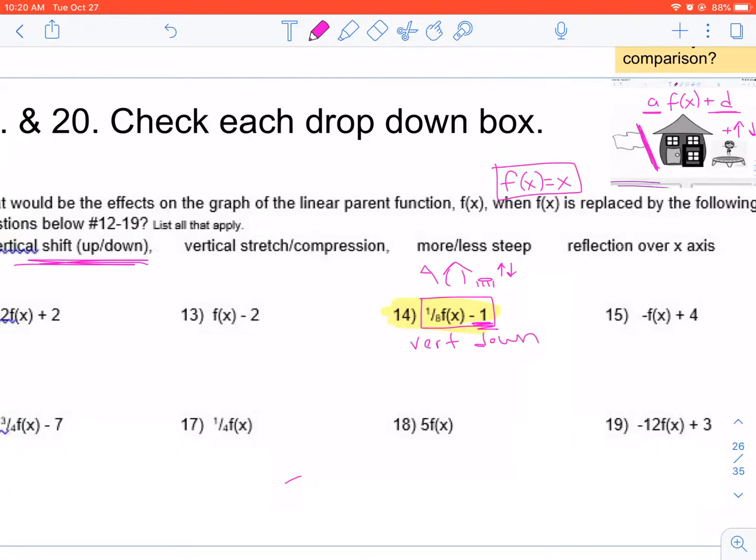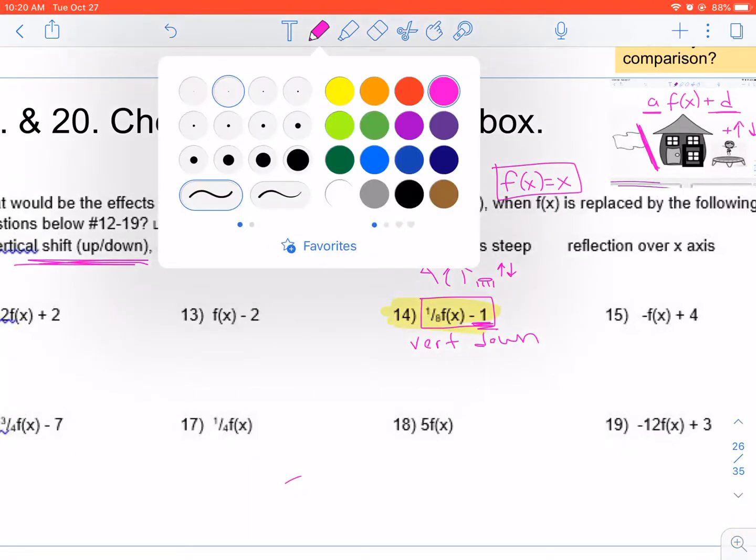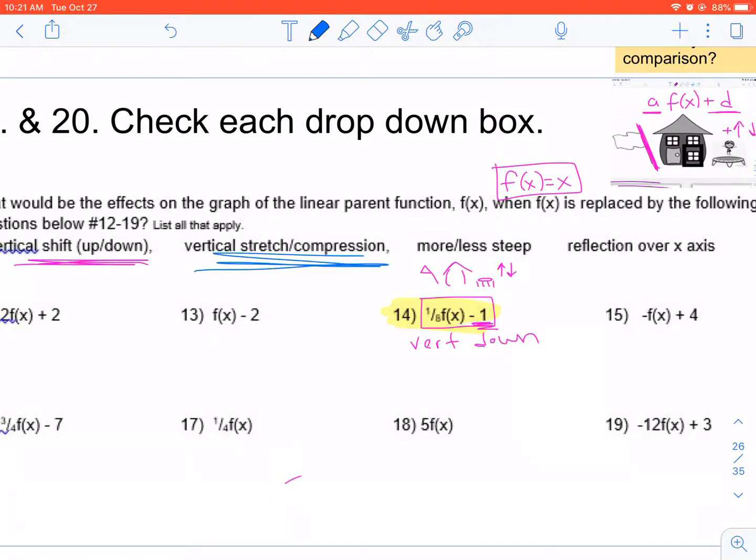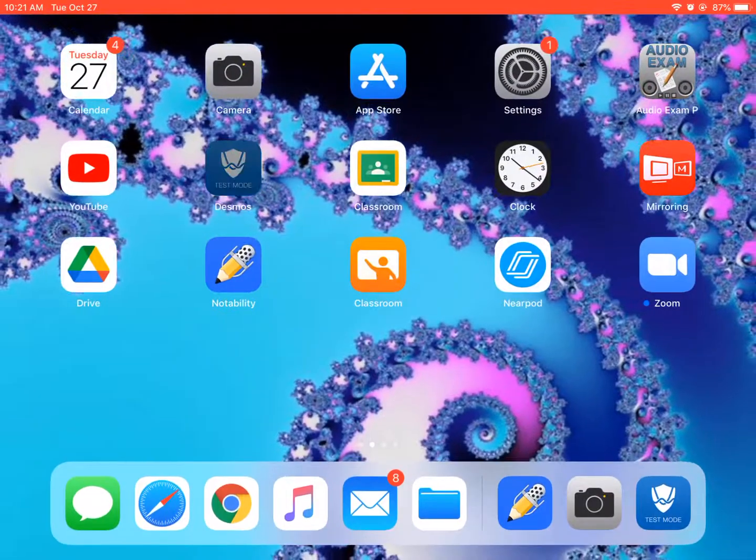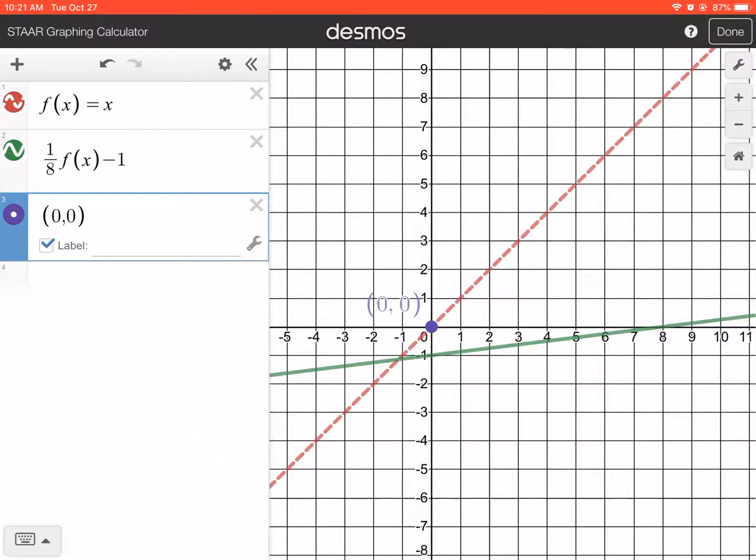Okay, again, the next two drop-down boxes kind of go together because they're talking about the same thing. We need to determine if it is more or less steep. And when we do that, we need to remember the number out front: the bigger the number, the steeper the slope. I actually want to look at Desmos so that we can see. Starting off with our red line, right? And now we want to go to that green line.